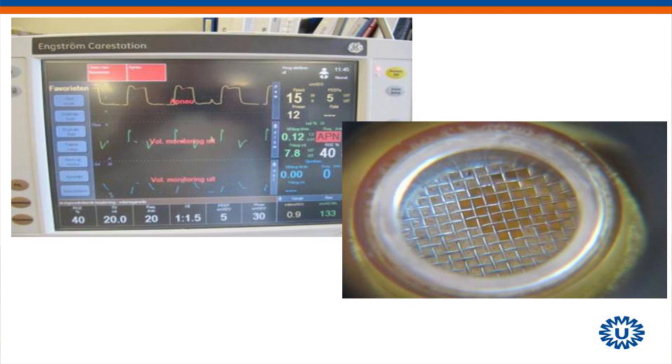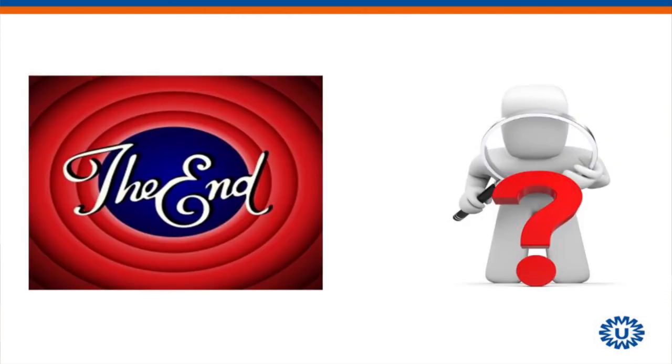Yeah? Everybody knows what it is? It's an expiratory flow sensor used on many machines, and it's completely full with sputum. Yeah? Then you can see all these kind of things. That was indeed the last picture from the loop.